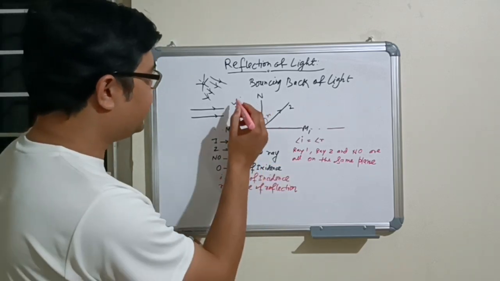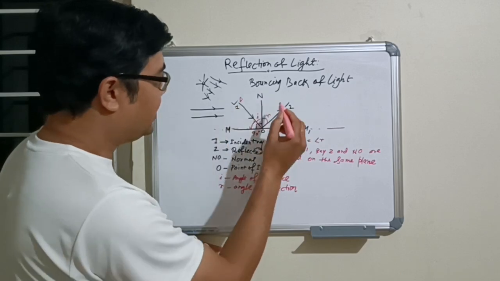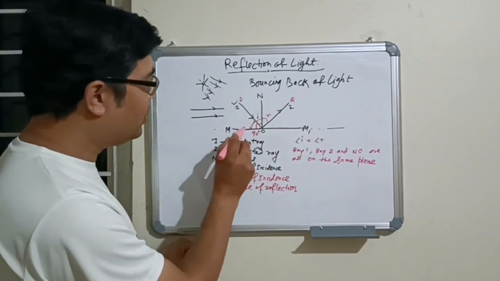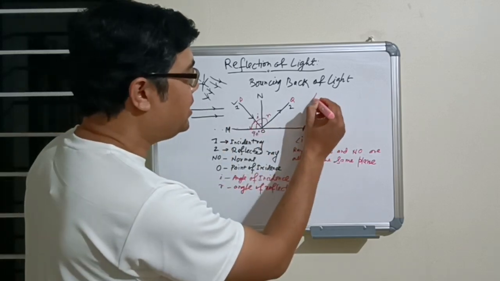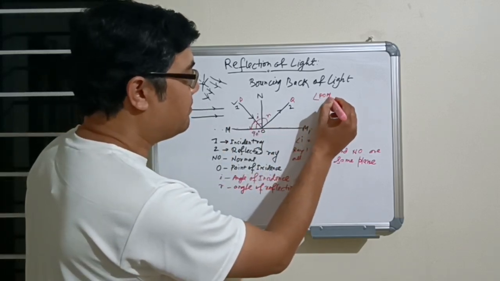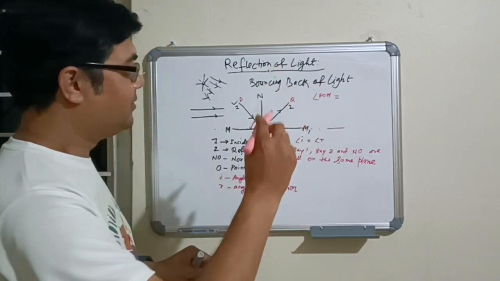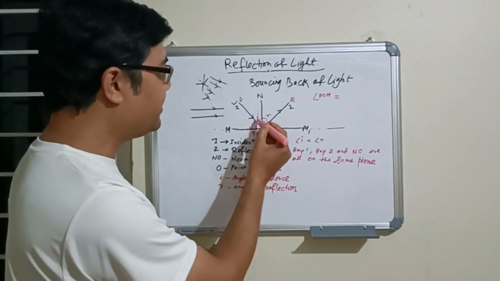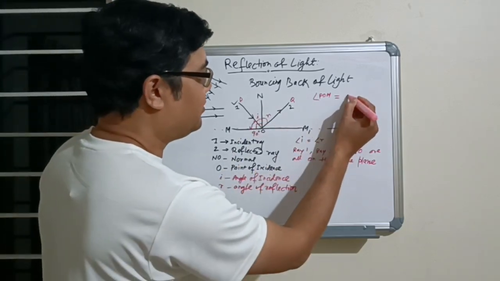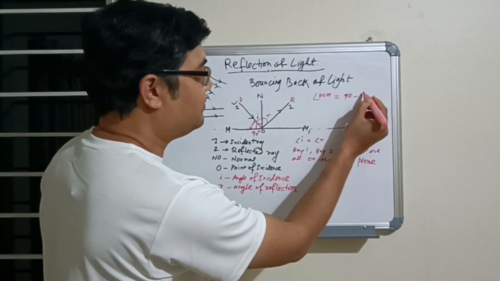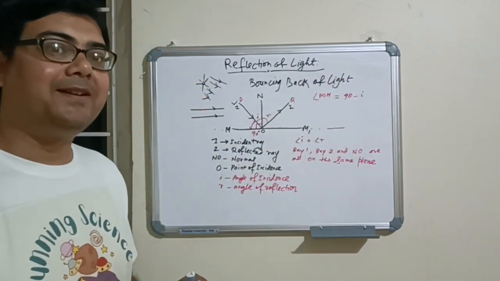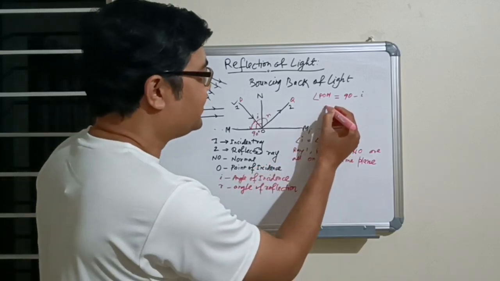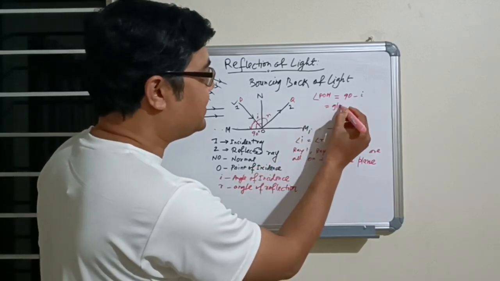Let's say this is P, and this is Q. So angle POM, how do you find it? Similarly, 90 minus I. This angle is known as glancing angle.